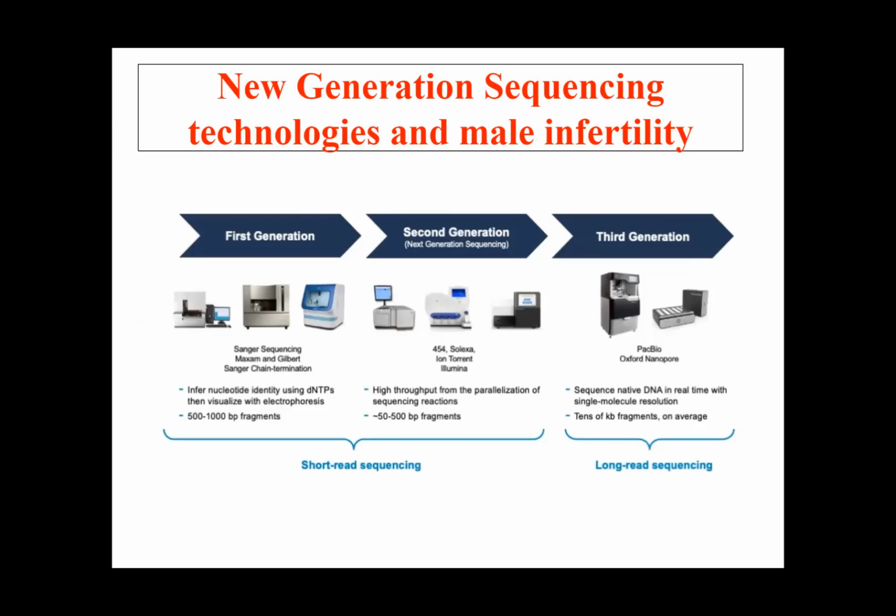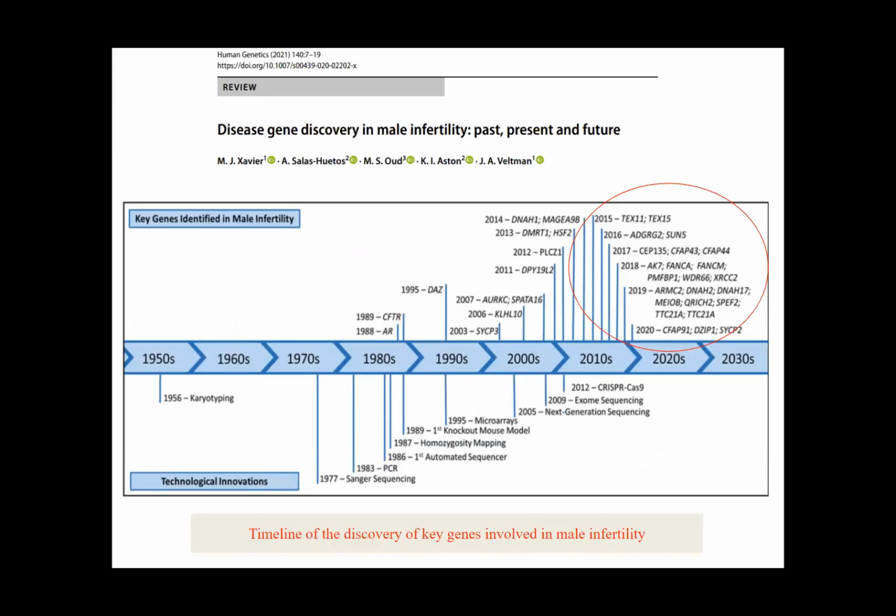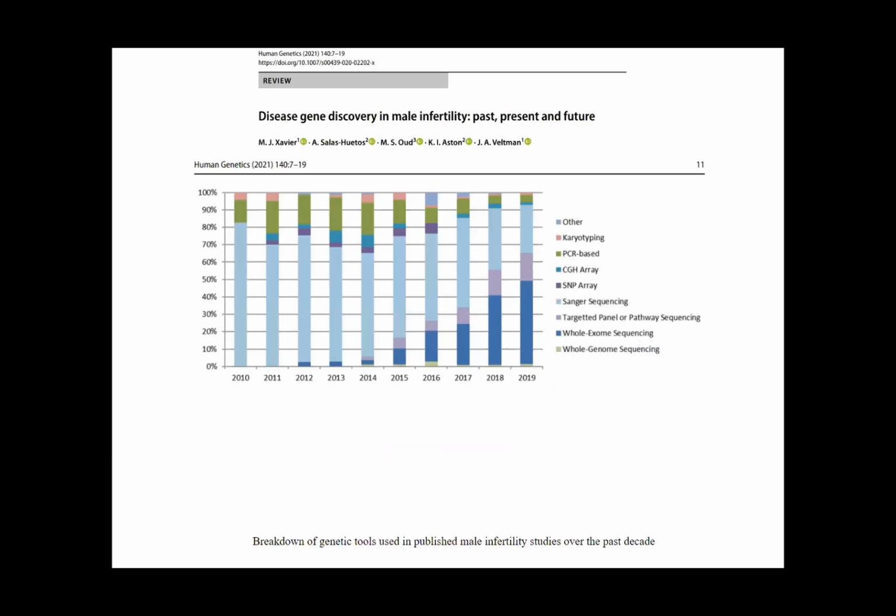Genetic investigation of human populations has made remarkable advances in recent years, and with next generation sequencing, male infertility is more explored. The first male infertility genes were identified in the late 1980s, and with the massive use of gene NGS approaches, there has been an increase in the detection of male infertility causes.